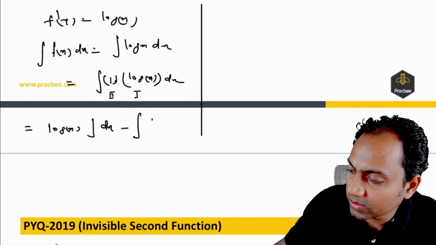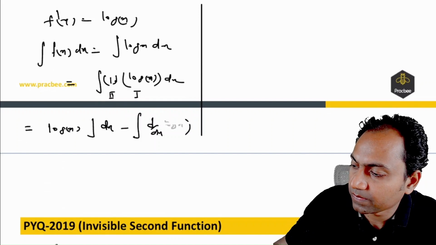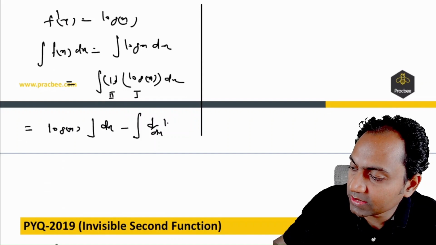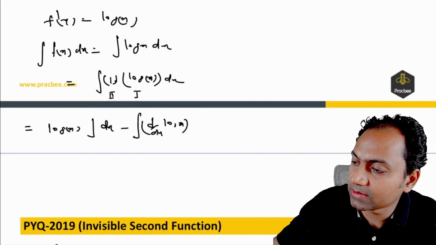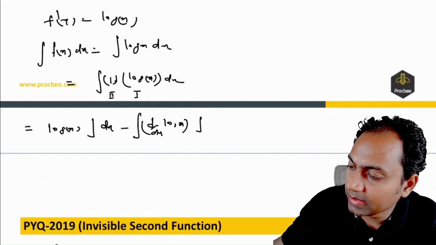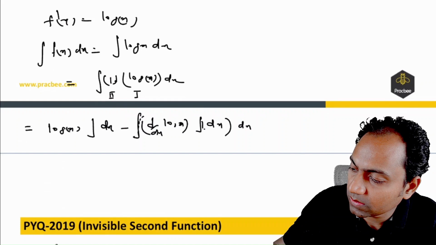So it will become d by dx of log x. And once I've done that, there will be one more small part, that is integration of 1 dx. And from here we will be able to get our answer.